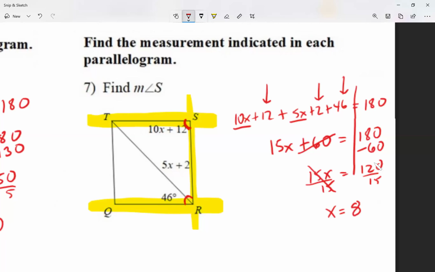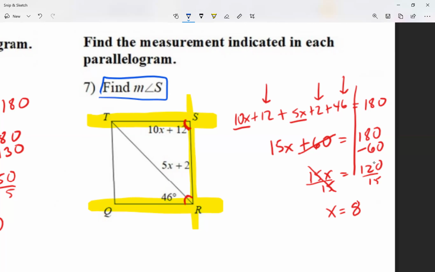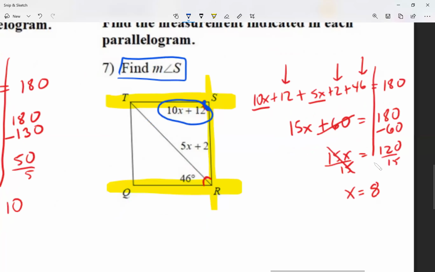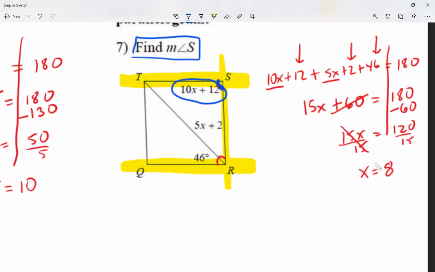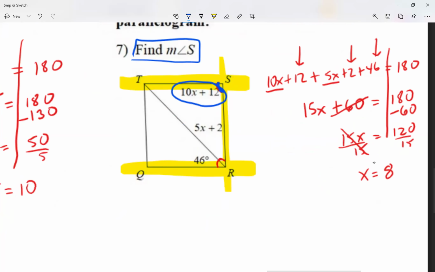However, they were not asking me to solve for x. They were asking me to find the measurement of angle S. Well, angle S is right here. What I know about angle S is 10 times x plus 12. And I know the value of x, right? I'm just going to write 10 times 8 plus 12.